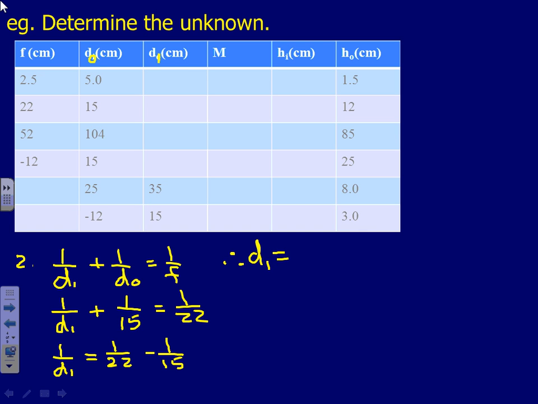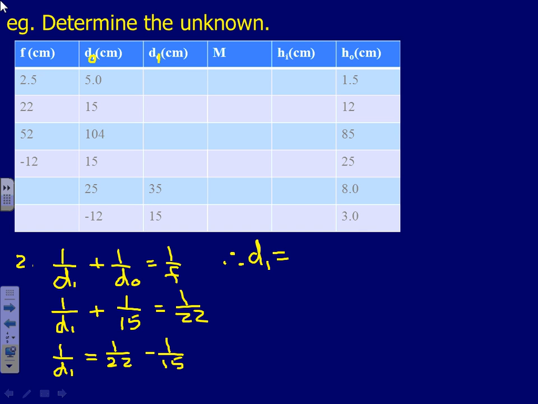Now you're on your calculator: 22 inverse minus 15 inverse, equals. Now remember, that's not your answer. That's the inverse of your answer. So you have to press inverse one more time to turn it into its answer.